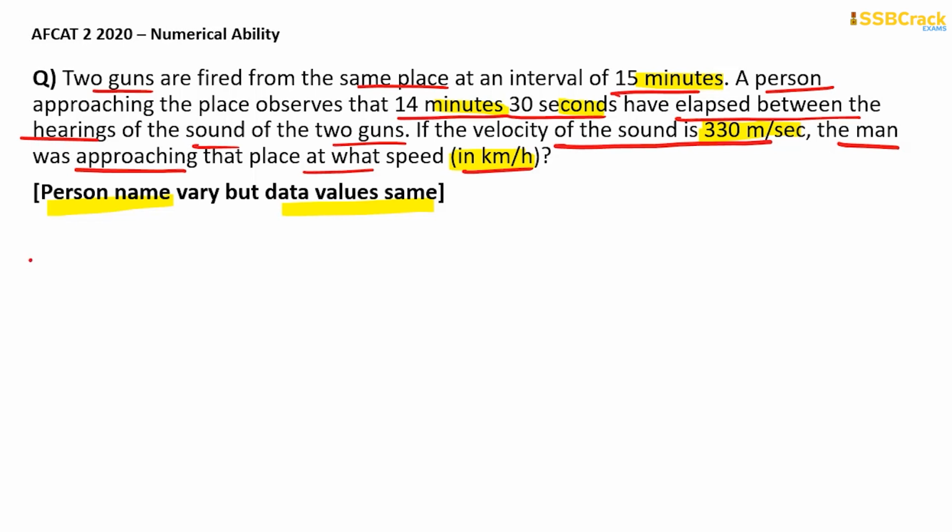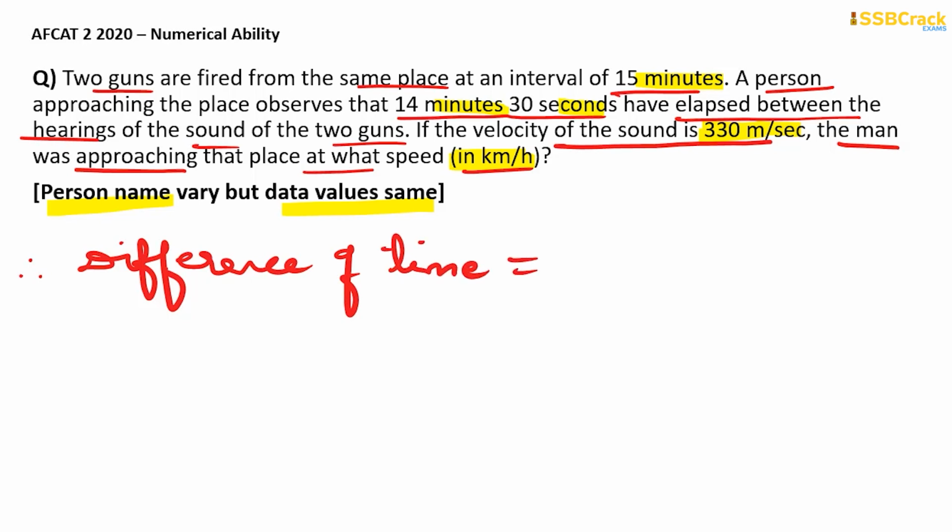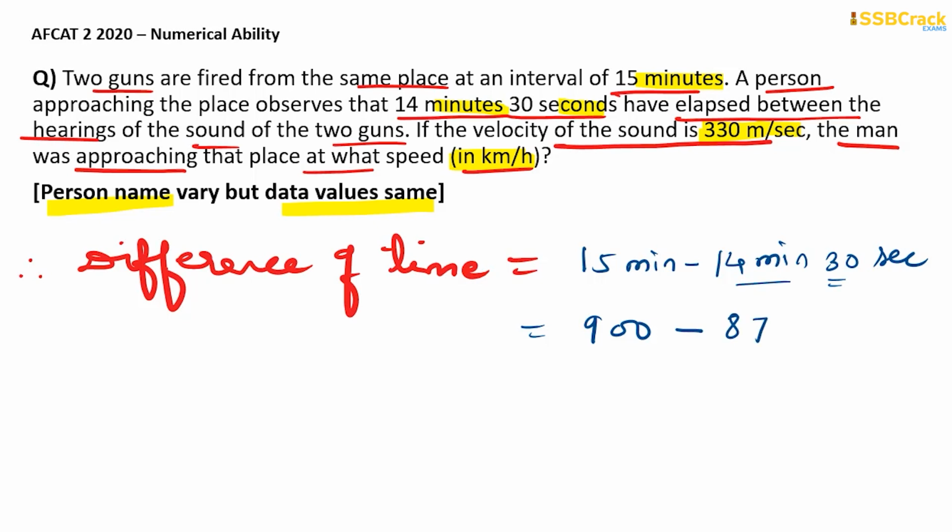Alright, so let's go step by step. As I told, we first talk about the difference of time. So difference of time you will calculate as 15 minutes minus 14 minutes 30 seconds, isn't it? 15 minutes means 15 into 60, so that is 900 seconds. 14 minutes means 14 into 60, which gives 840 seconds, plus 30 seconds, so total 870 seconds.